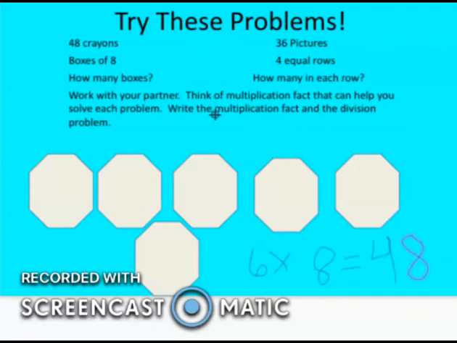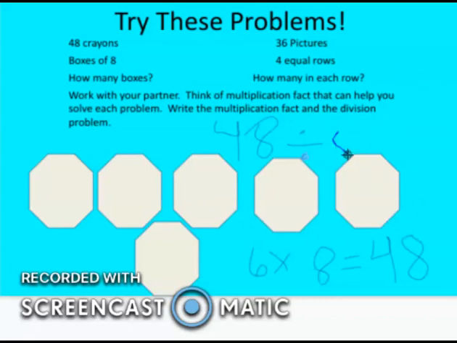So now my actual division sentence was 48 divided by 8. If we know the basic fact that 6 times 8 equals 48, then we know that 48 divided by 8 has to equal 6. It has to equal 6.